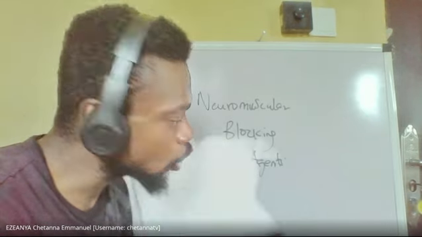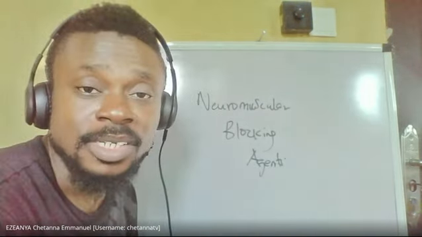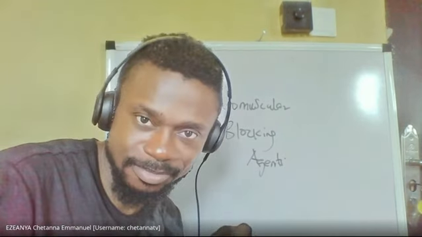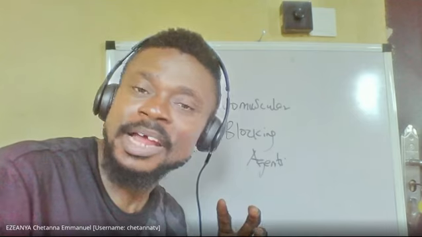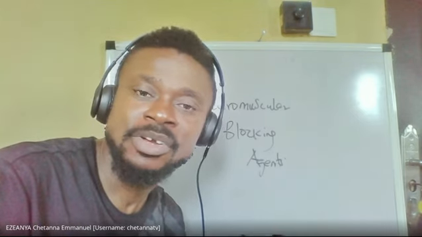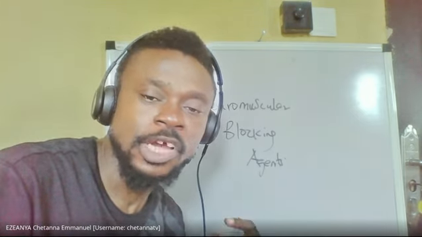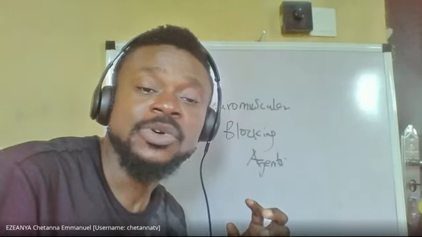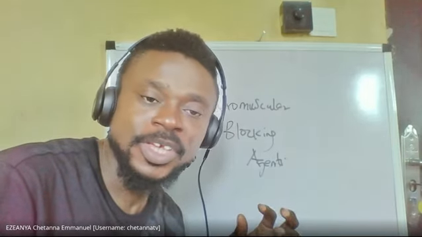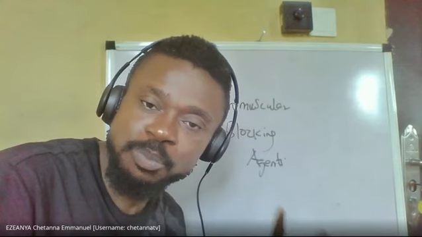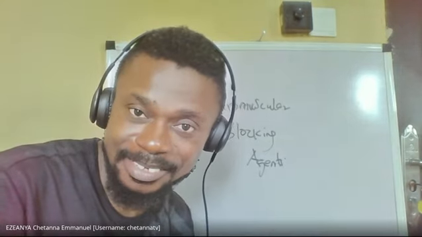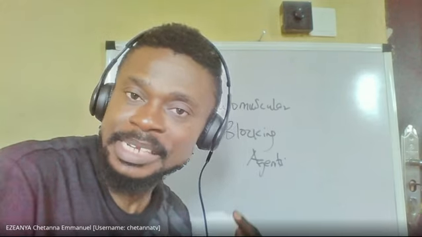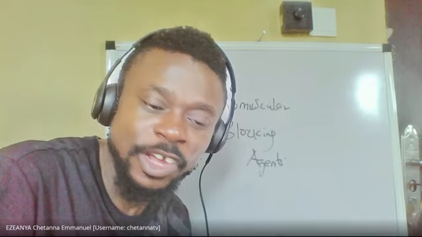They block transmission of impulse at the neuromuscular junction. If you did your nervous system in anatomy and physiology, you appreciate this. Of course, you remember I told you that these muscles are innervated. These muscles have nerve supplies, because without the nerve supply, they are vegetables lying there.